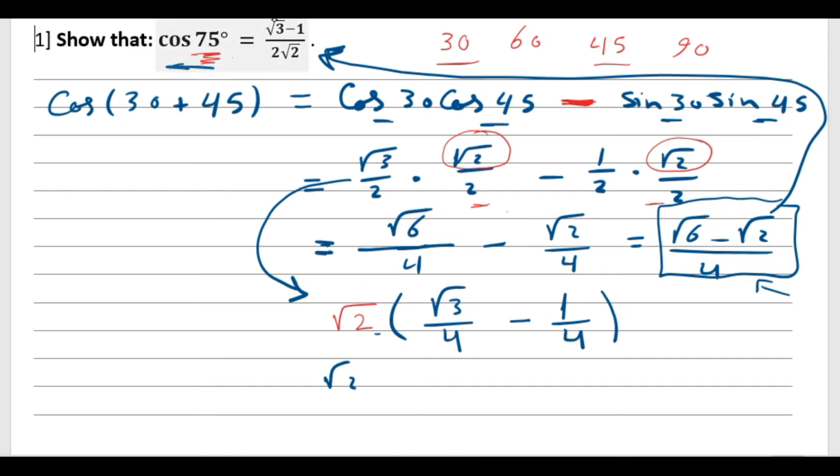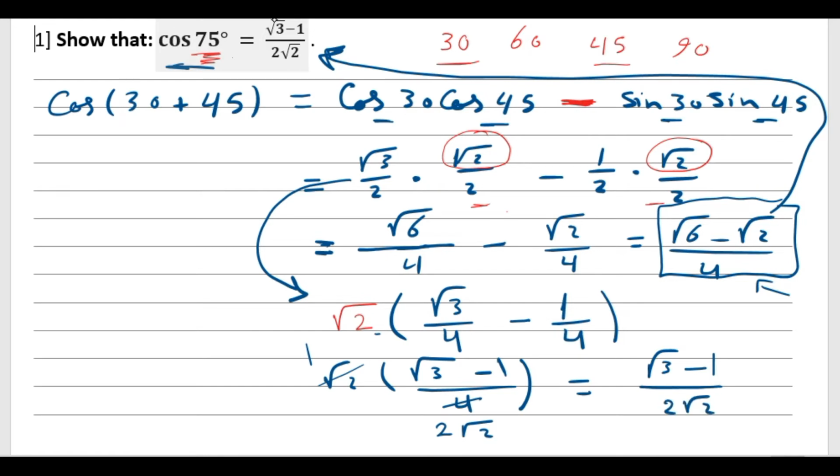Root 2 multiplied by the bracket, root 3 minus 1 over 4. We'll simplify: root 2 divided by root 2 equals 1, and 4 divided by root 2 equals 2 root 2. So it will be root 3 minus 1 over 2 root 2, which is the same as the right hand side.